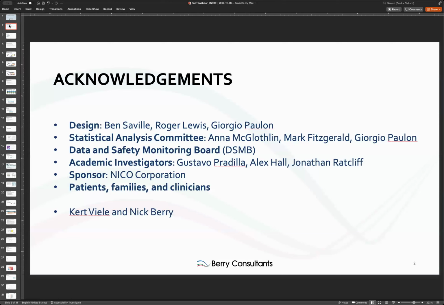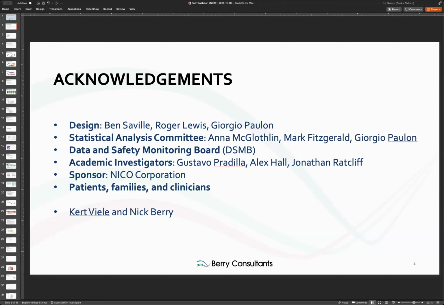But this is the design team and the statistical analysis committee listed here. And we'd just like to acknowledge the DSMB for this trial, the academic investigators, the sponsor, and of course, all the patients, families, and clinicians who participated. I'd also like to acknowledge Kurt Bailey and Nick Berry, who provided some enrichment materials and FACS support along the way.